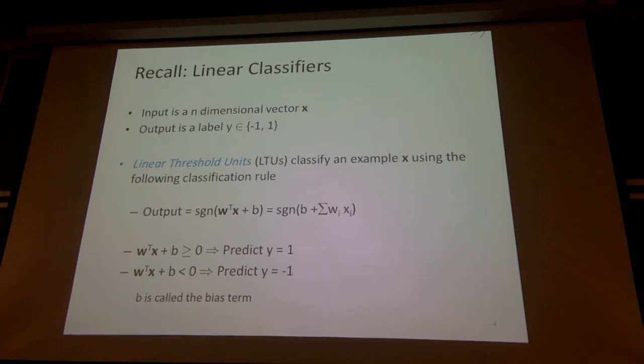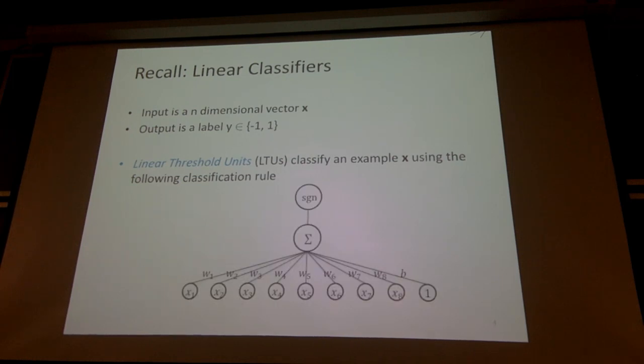You've seen this before. You can pictorially draw a linear threshold unit this way. I put this picture in here mostly because this is how some neural networks are drawn sometimes. In this picture here, you have 8 features, x1 through x8. I have a constant feature 1, that's like the bias. Every feature is associated with a weight.